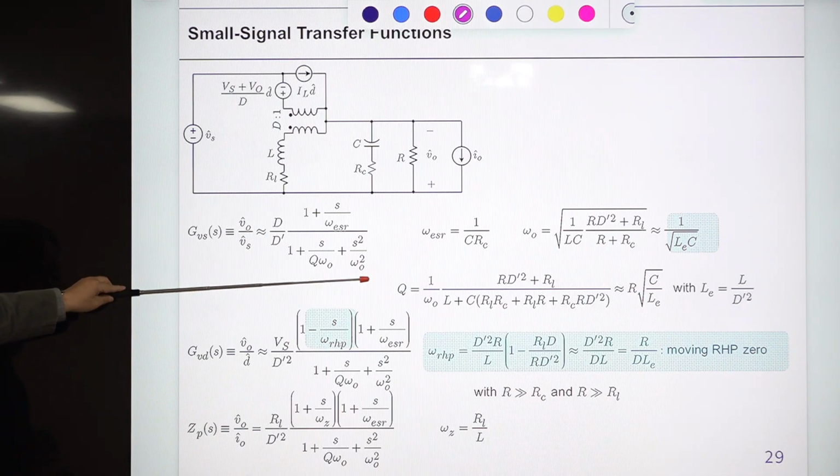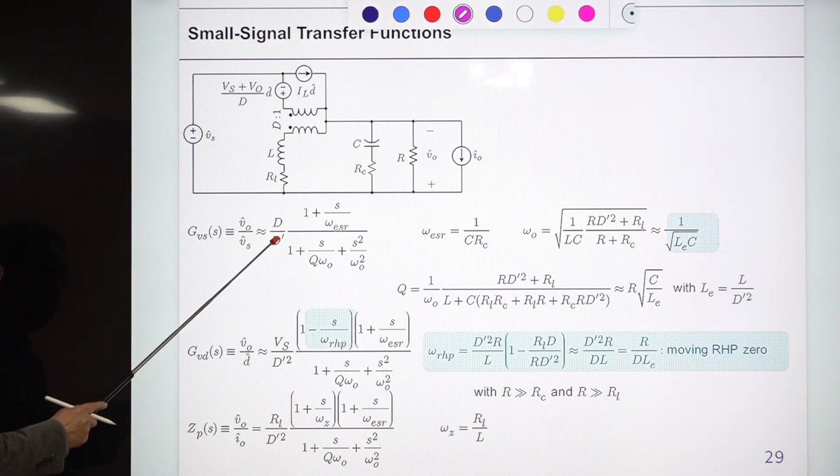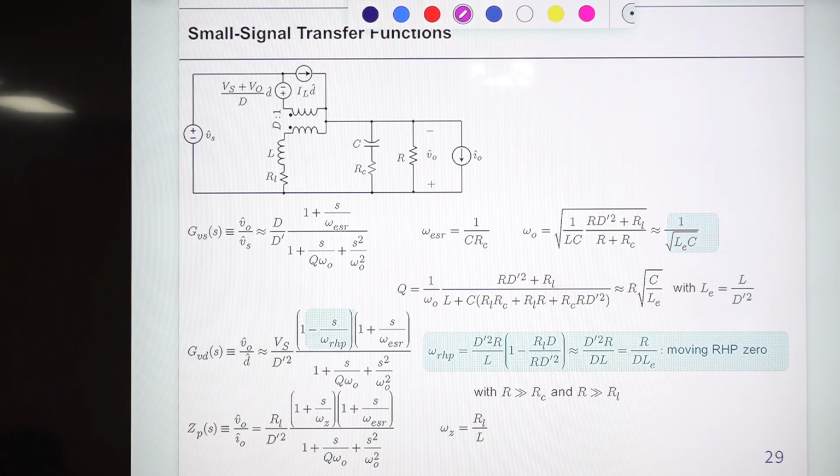This is the input to output transfer function, so you have D divided by D prime. This is the DC gain, the steady state gain of the buck boost converter. Evaluated at DC, of course, there should be the DC gain.